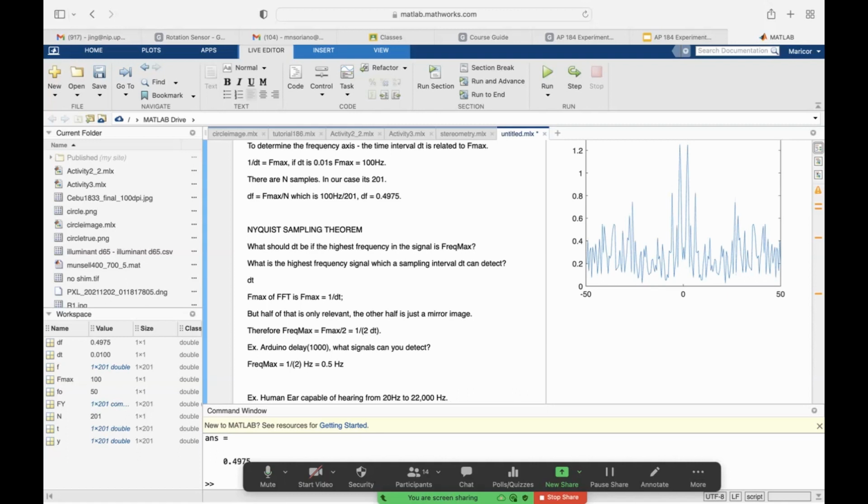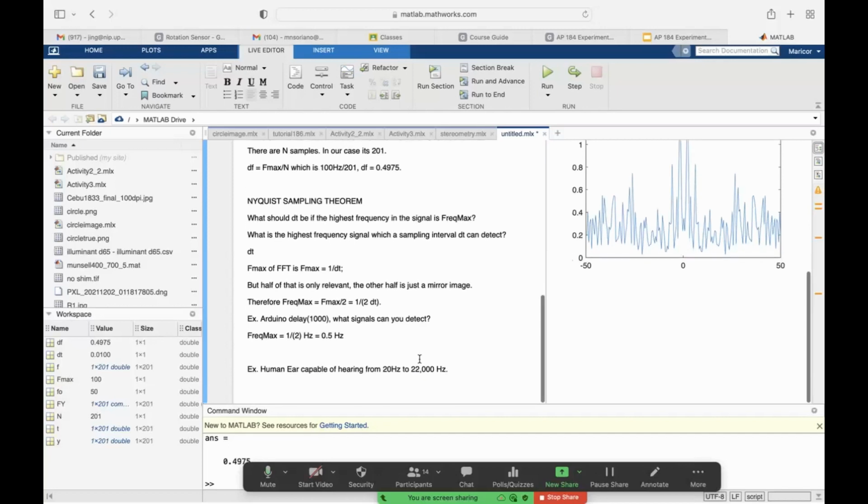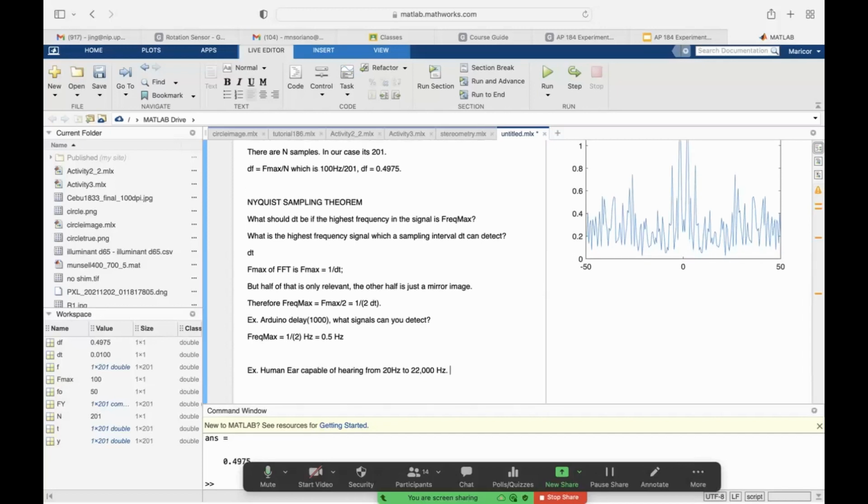If you flap your hands or any object 20 times per second, maririnig mo na yan. Pero ang highest pitch na maririnig natin is 22,000 Hertz. So kung ang frequency max natin ay 22,000 Hertz, gagawa tayo ng microphone. Ano dapat yung sampling interval ng microphone natin?